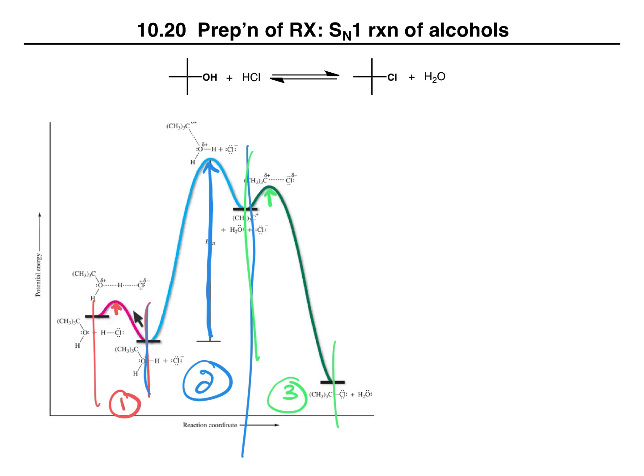So the activation energy of step 1 and the activation energy of step 3 are so much smaller than the activation energy for step 2. So step 2 is our rate determining step. Therefore, the overall rate of the reaction depends only on the rate determining step.